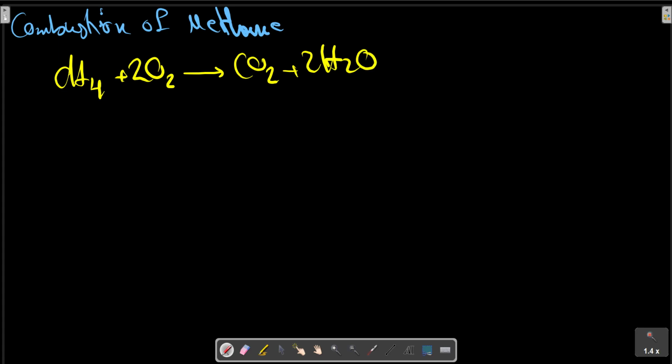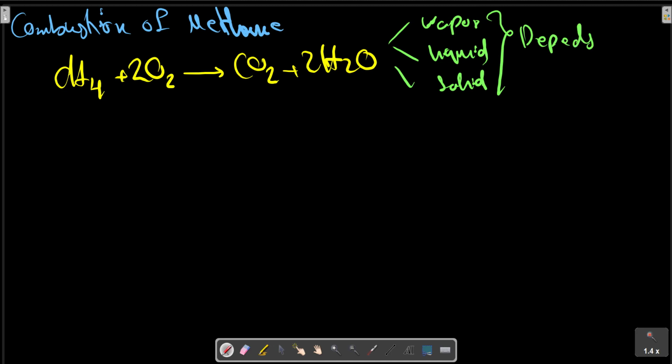Here the products of combustion include both carbon dioxide and water. The water may be in the vapor, liquid or solid phase, depending on the temperature and the pressure of the products of combustion.